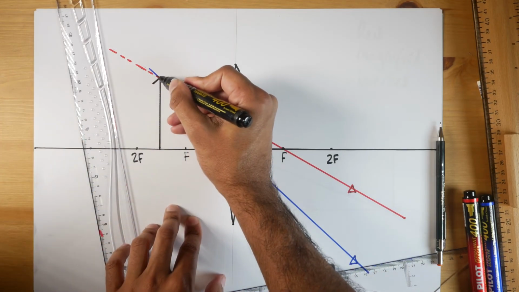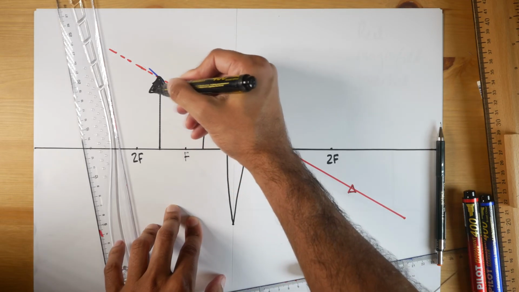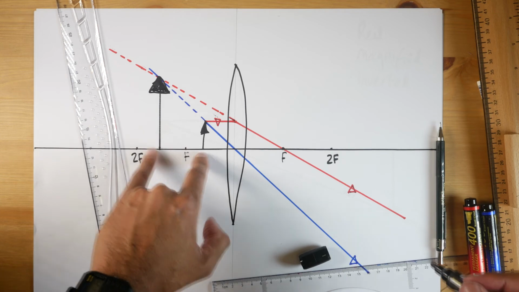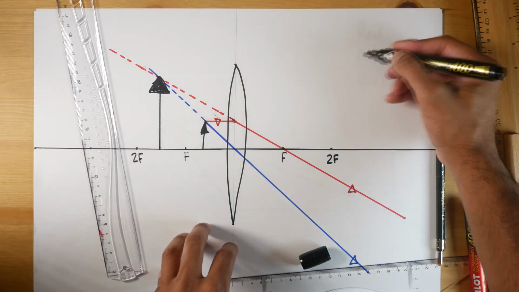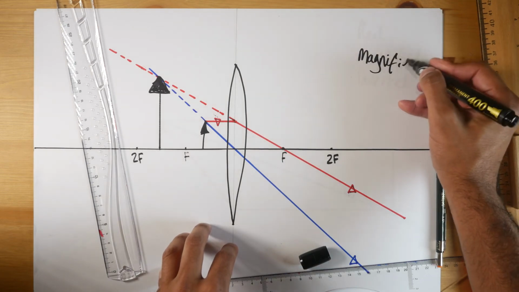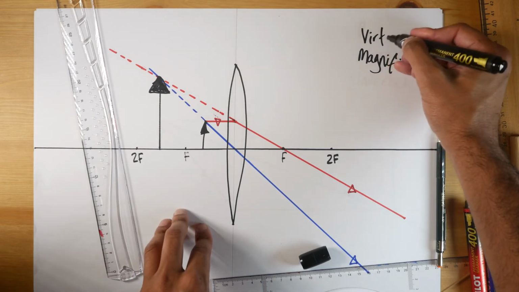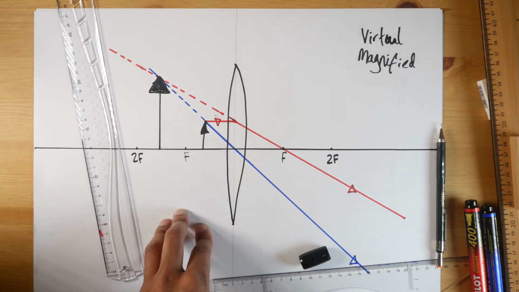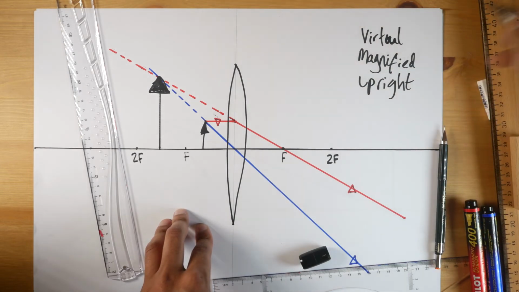Like this. Okay, now as you can see, it is now a magnified image. So you can write magnified. Because it's made out of virtual light rays, it's going to be a virtual image, and it is going to be upright.